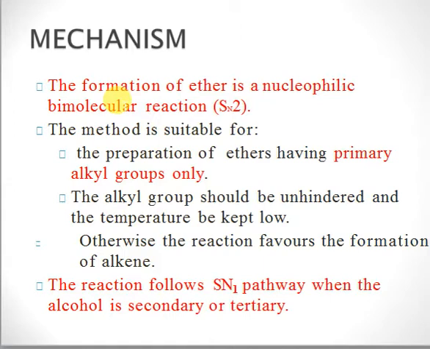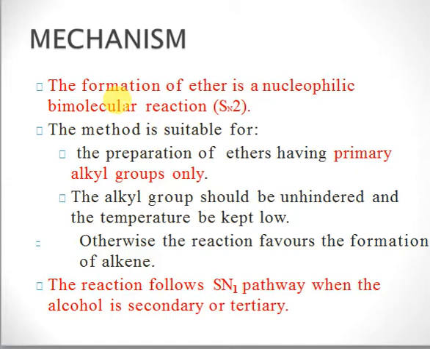Secondly, these alkyl groups should be unhindered. They should not have any steric hindrance. Thirdly, the temperature should be low. So these three conditions are very important. Number one, the alkyl groups should be primary. Second, the alkyl groups should not be hindered. There should be no steric hindrance. They should not be bulky.